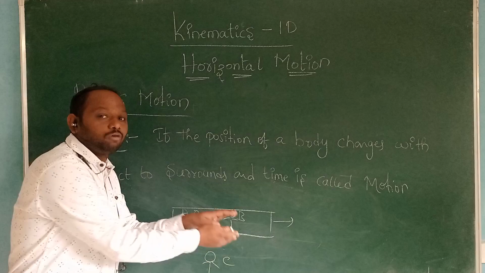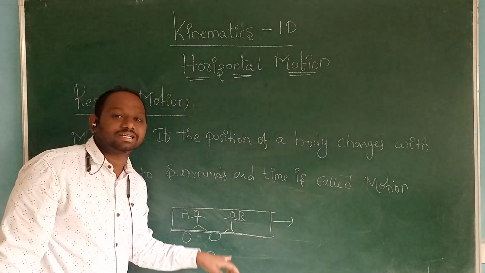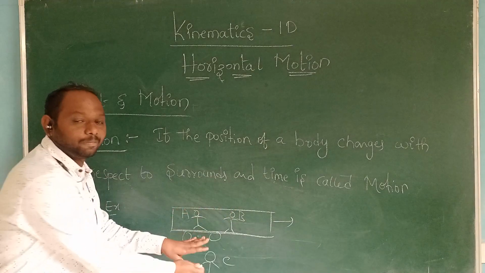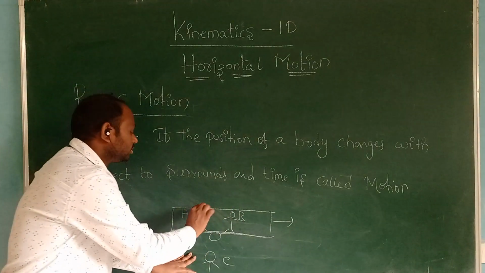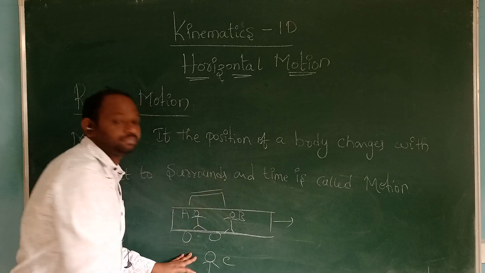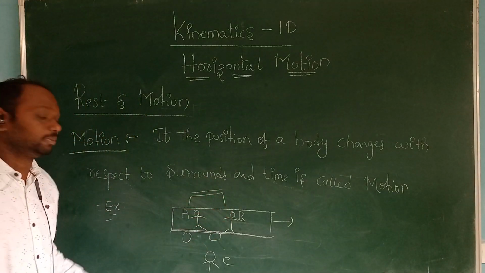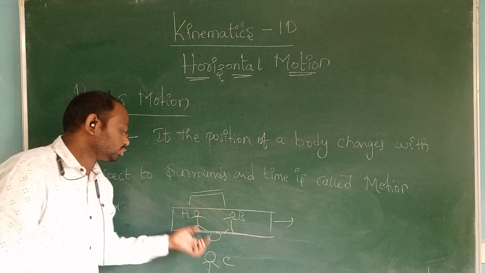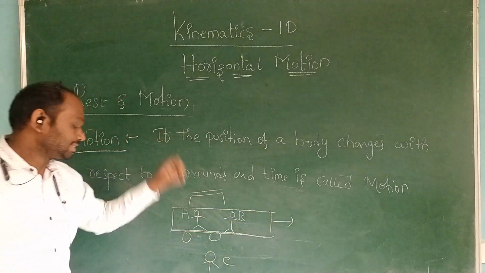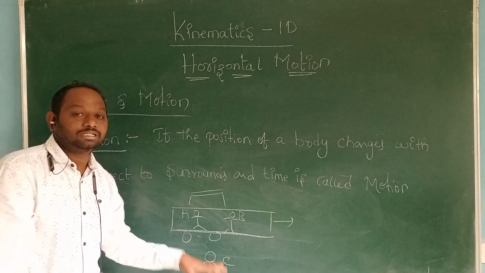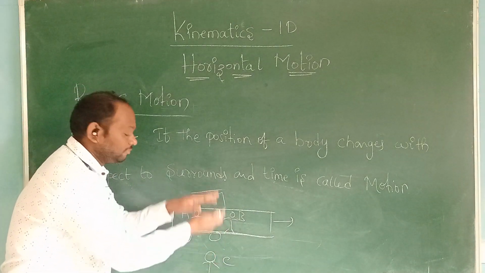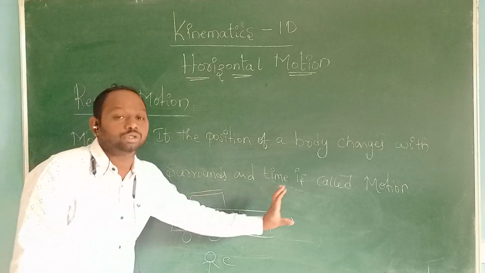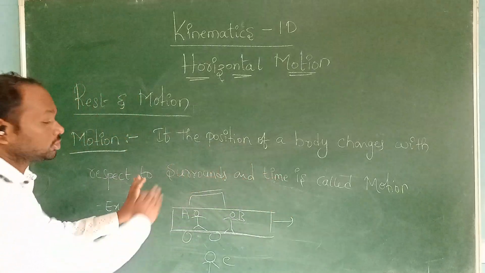But here C observes both A and B. Both A and B are in motion because C is outside the bus, while the two persons are sitting inside the bus. So with respect to C, these two persons are in motion and their position changes.